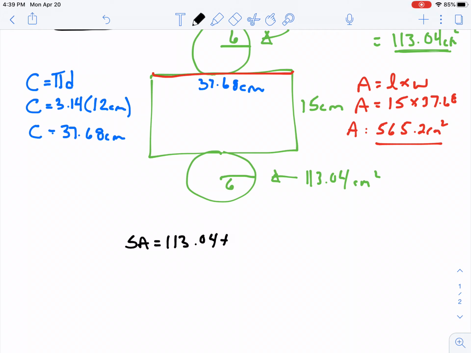113.04 plus 565.2 plus 113.04. Since I have a calculator, it's no problem. I just plug the numbers into my calculator: 113.04 plus 565.2 plus another 113.04, and I should get a value of 791.28.